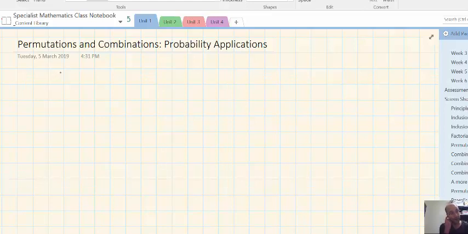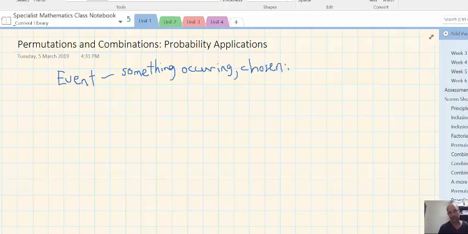So the idea of this thing called an event in probability has a particular meaning. An event is something occurring or chosen, or an action.